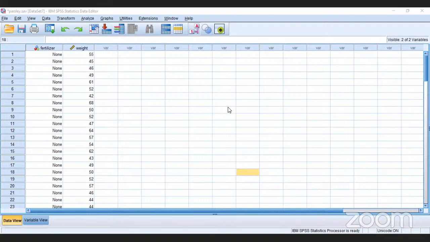Looking at this, where do we think we have a fairly higher weight? What do we have as the highest weight? You don't know.